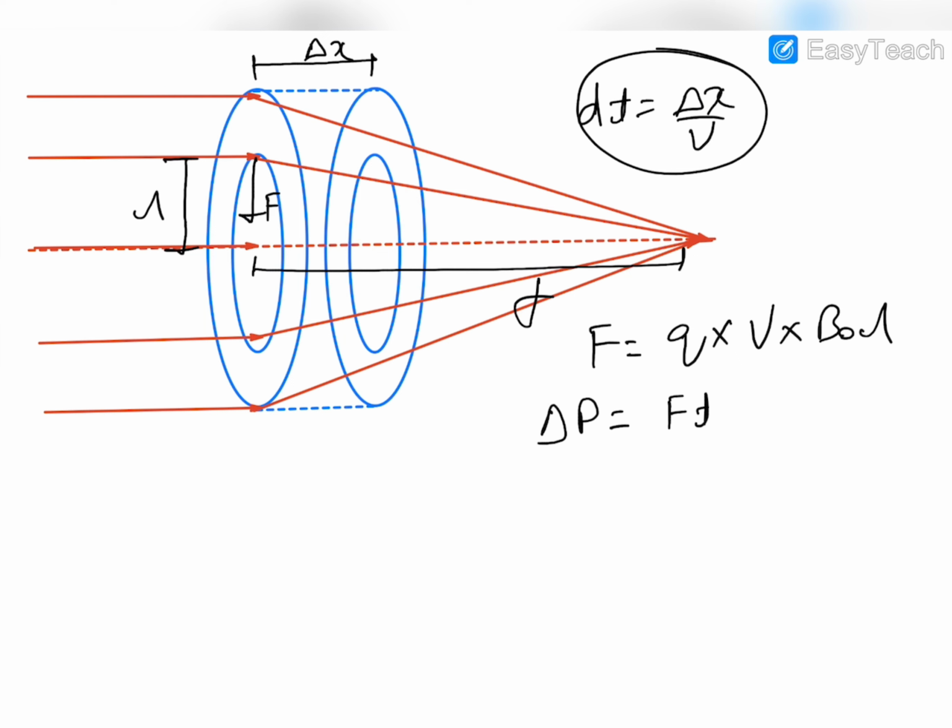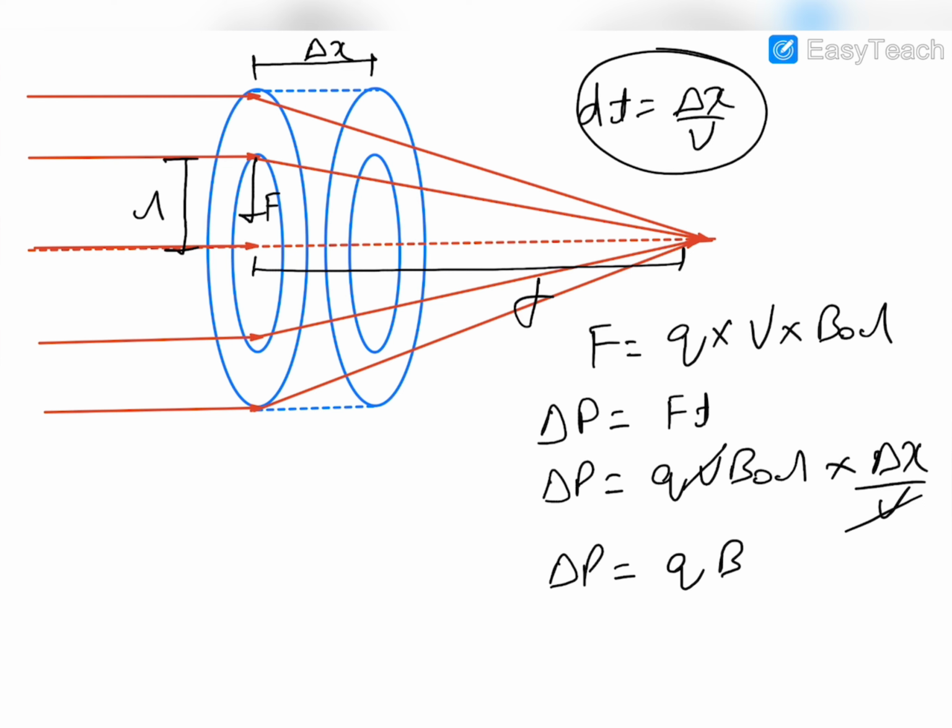This is obviously small because delta x is given as small. So the change in momentum in the y direction is F dt. F is q v B naught r, and dt is delta x by v. Cancelling v with v, delta p will be equal to q B naught r delta x.